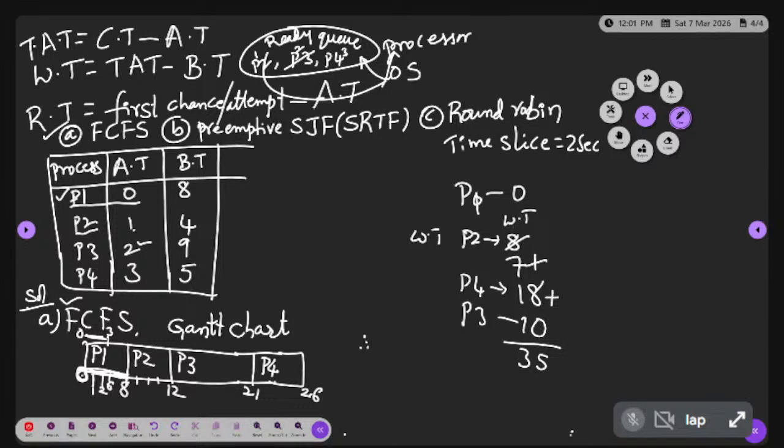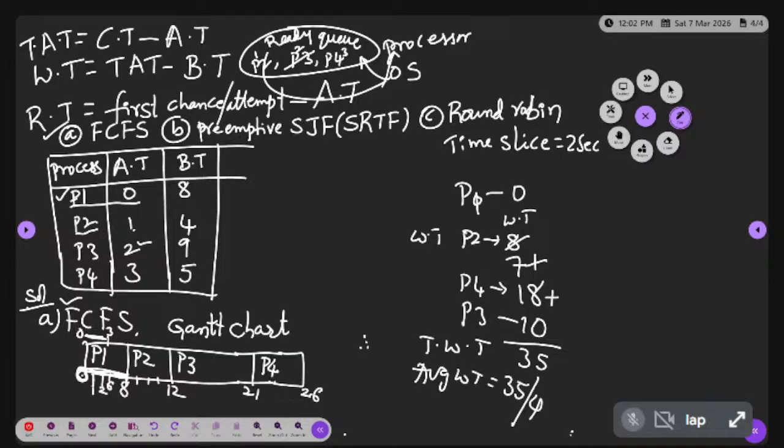Total waiting time is 35, and average waiting time is 35 divided by the number of processes, which is 8 point something. This is how you calculate average waiting time, and I will also tell turnaround time.